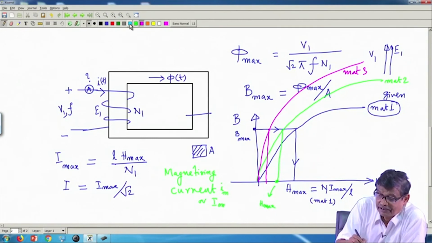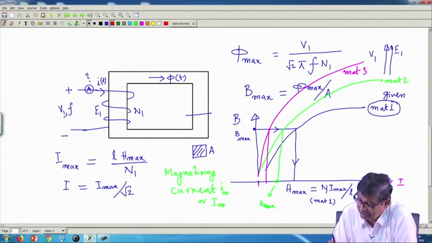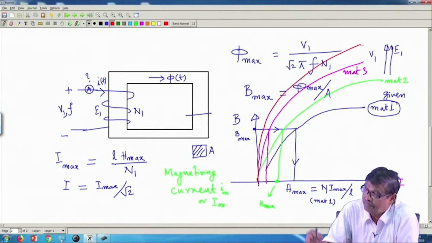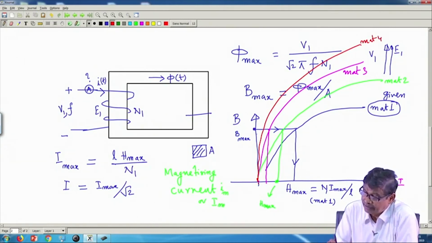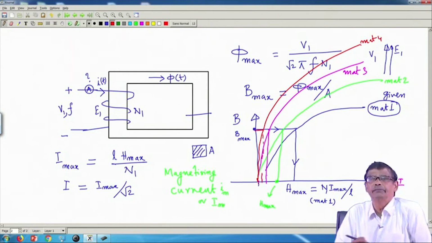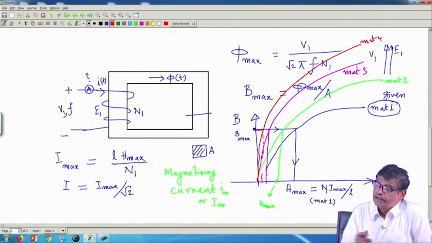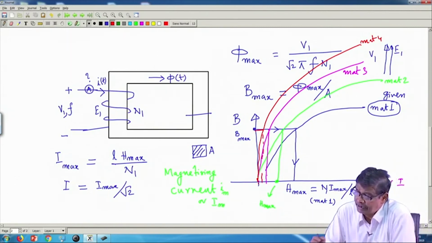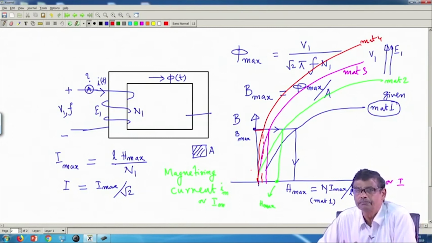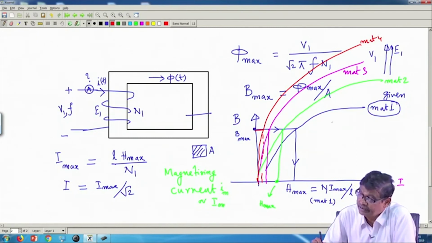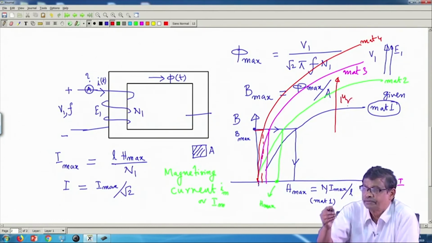Suppose some material is like this, very stiff, material 4. Then the current needed will be only this much. Further you can reduce the magnetizing current. What is this better material? Better material means the slope dB by dH, which is mu r, is a measure of mu r. So, we are increasing the relative permeabilities for these different curves, essentially.